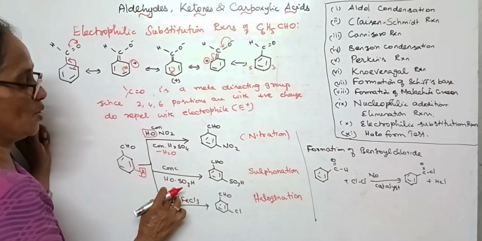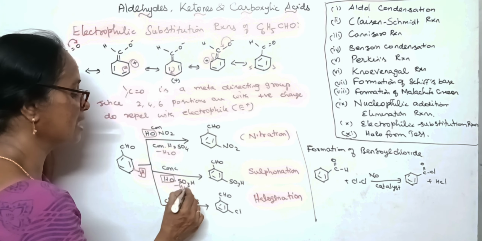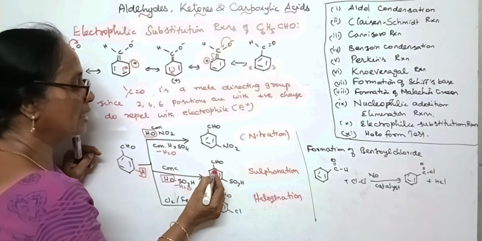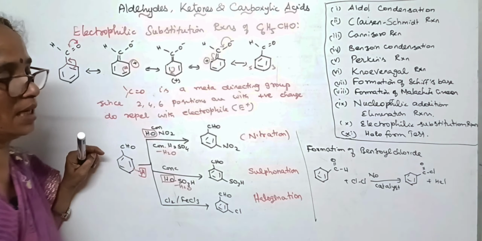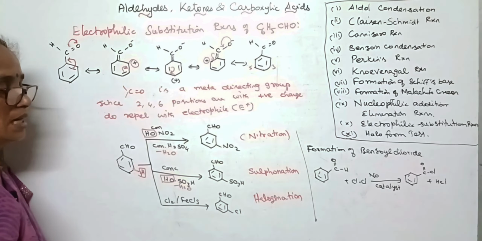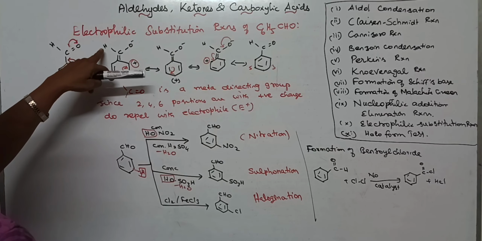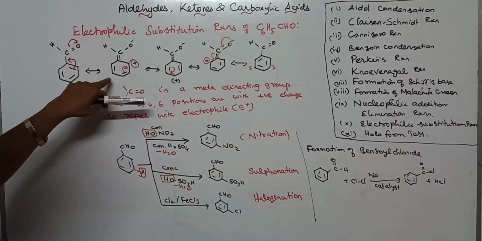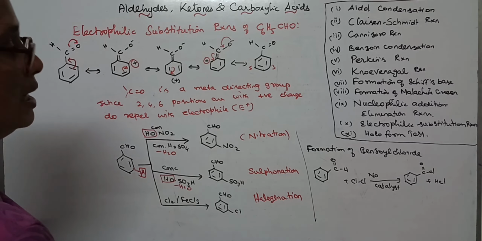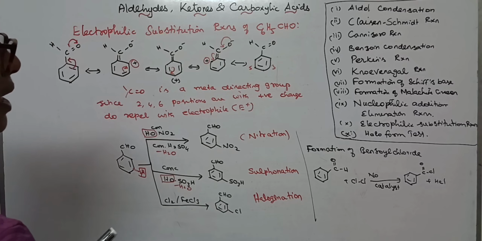With sulfonation, once again this hydrogen with the OH, minus H2O, we are getting meta-benzaldehyde sulfonic acid. With halogenation, you are getting meta-chlorobenzaldehyde. But this halogenation requires a catalyst because the aldehyde group is deactivating the benzene ring. Due to the deactivation, it requires the catalyst. That's all the electrophilic substitution reactions of benzaldehyde.